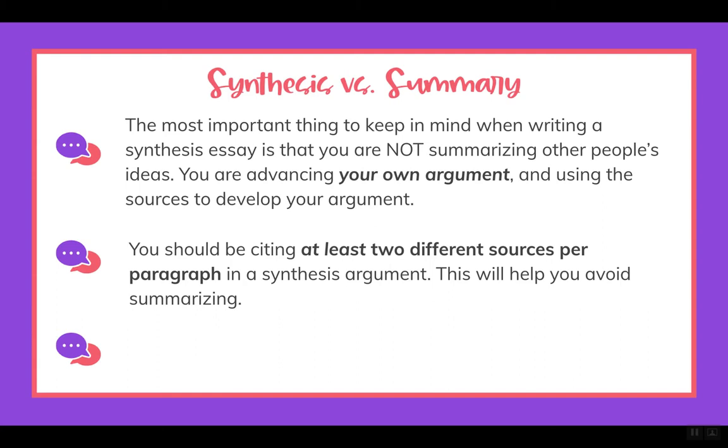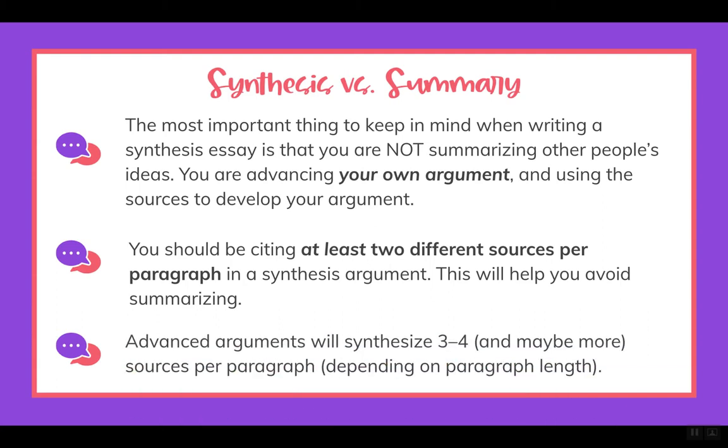If you give yourself that minimum guideline that you have to bring in at least 2 different voices, then you're much less likely to fall into the trap of summarizing instead of synthesizing. Advanced arguments will synthesize 3 to 4 and maybe more sources per paragraph, depending, of course, on the argument, on the paragraph length, and the parameters of the task.